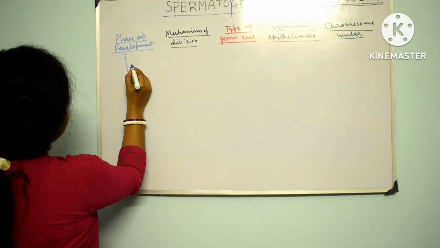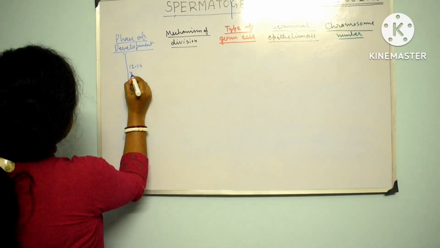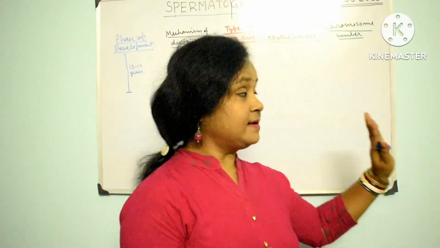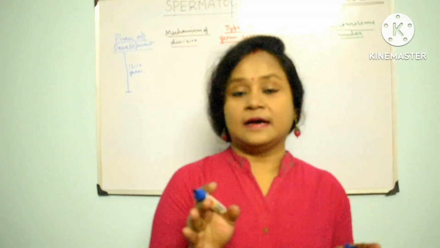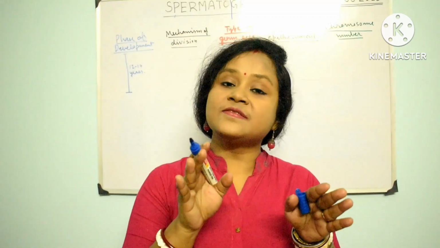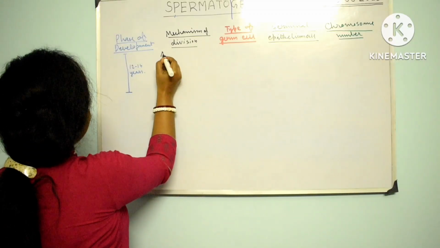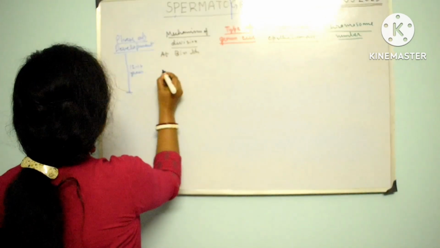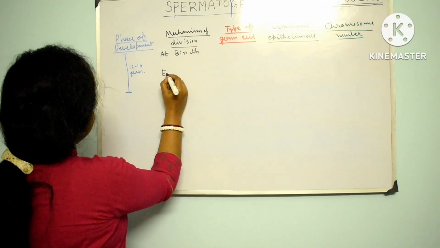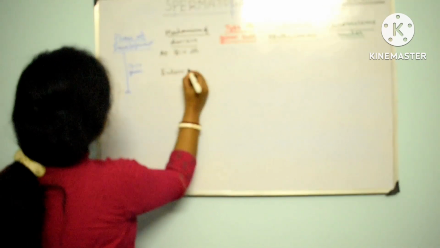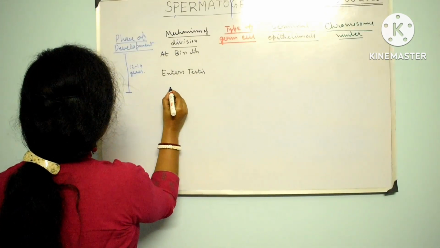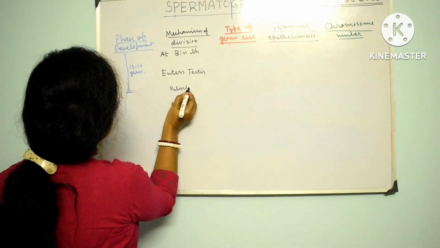At 12 to 14 years in a human male, adolescence or puberty starts.